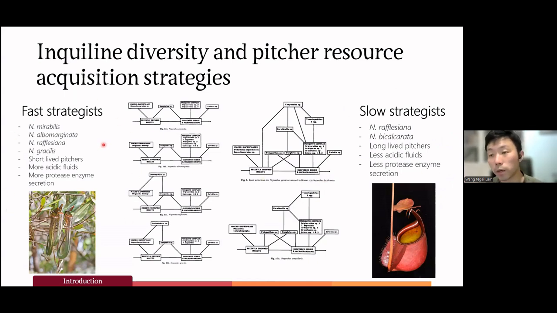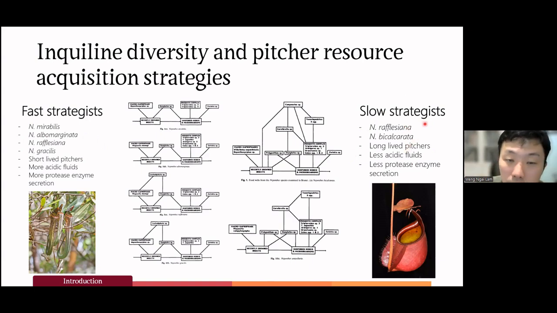And in ecology, we call this the fast and slow trade-off or continuum. These are resource acquisition strategies. Let me emphasize, these are resource acquisition strategies. They are not growth rates.